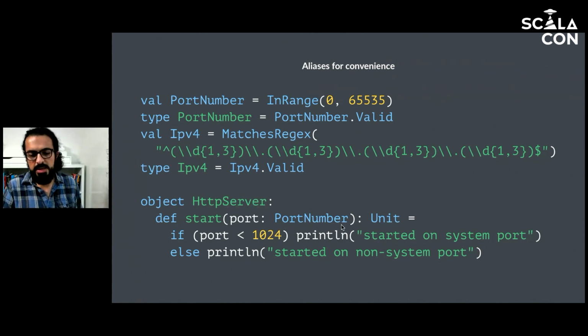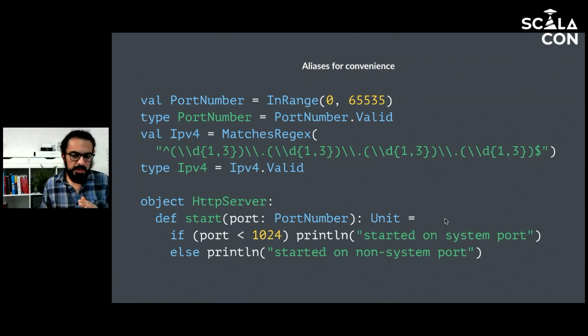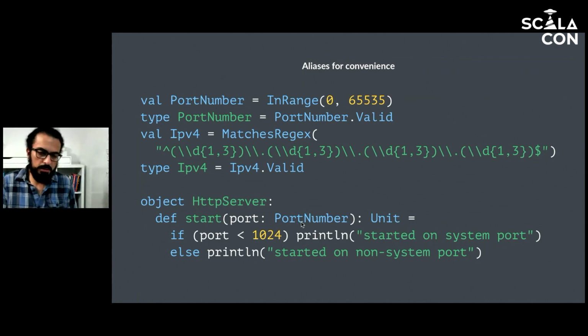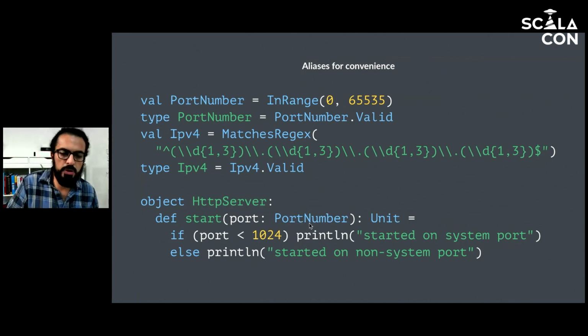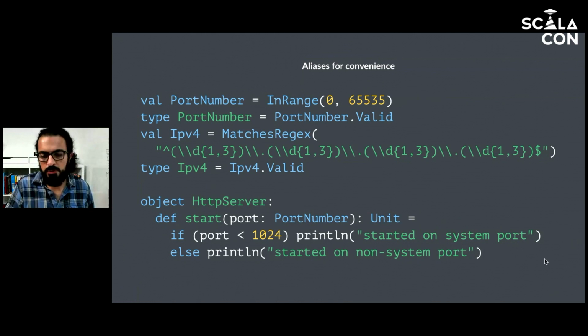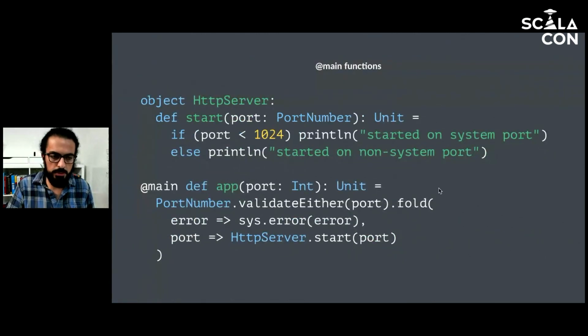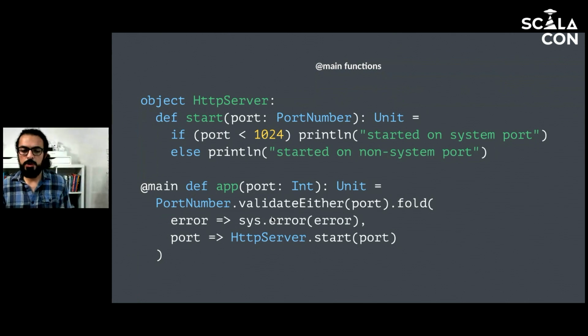Yeah, then we can do our usual code. It's an int, so you can use it here as you'd expect. Okay, so let's talk about the other side. Now, we have talked about using the port number. Let's talk about creating the port number, or validating an int to be a port number. So far, we have provided only the validate either functionality.